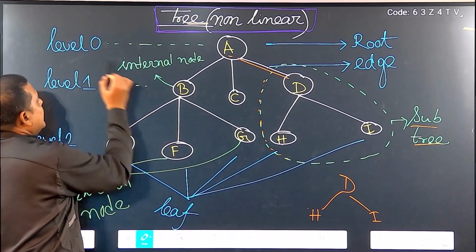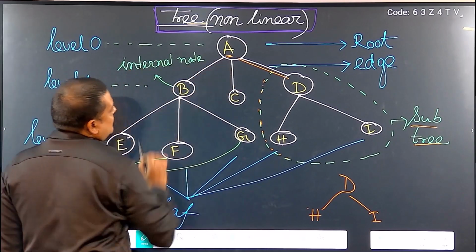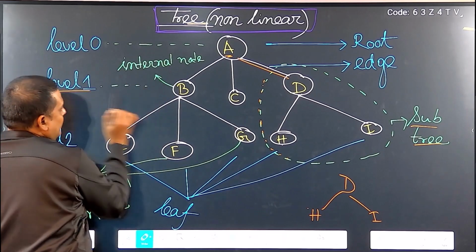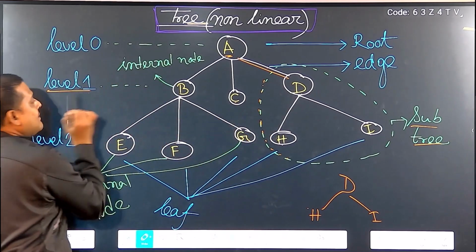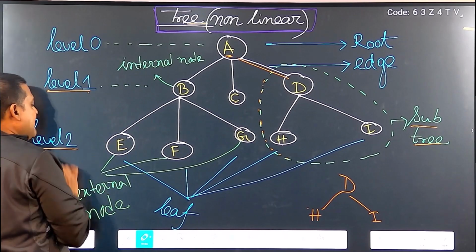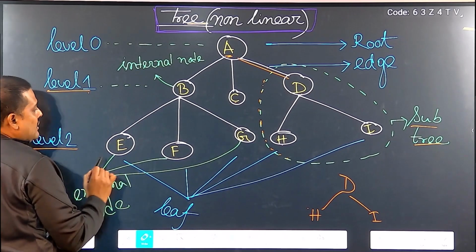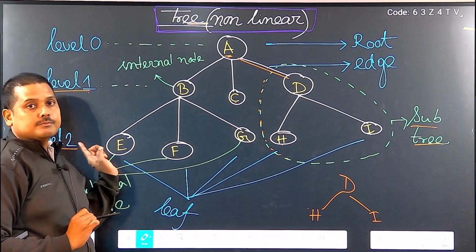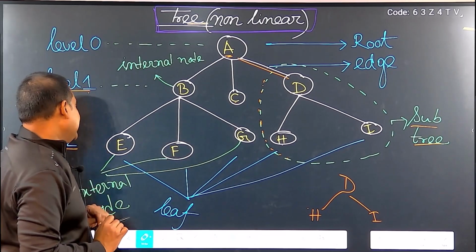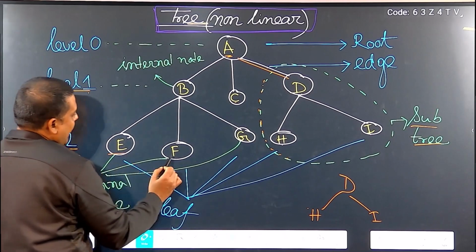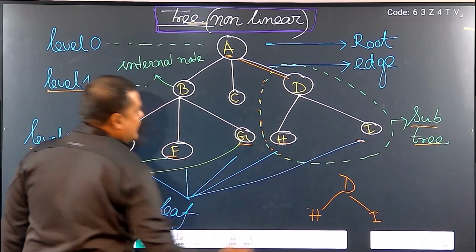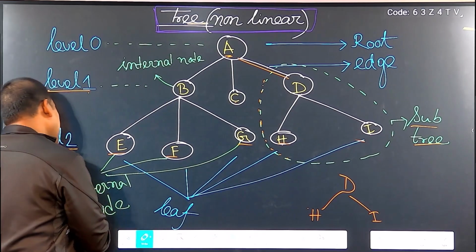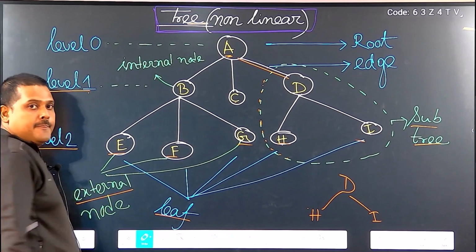In this tree, A is at level 0, B, C, D are at level 1, then level 2, level 3, and this way they continue. If I ask what is the level of G, G is at level 2. The nodes E, F, G, H, I do not have any child, so they are called leaf nodes.